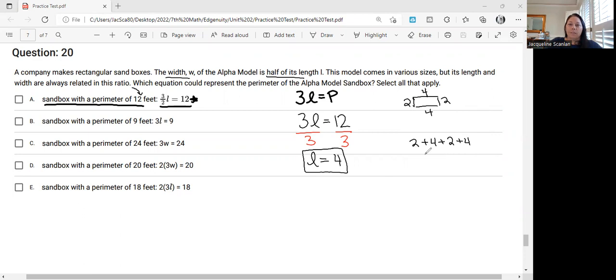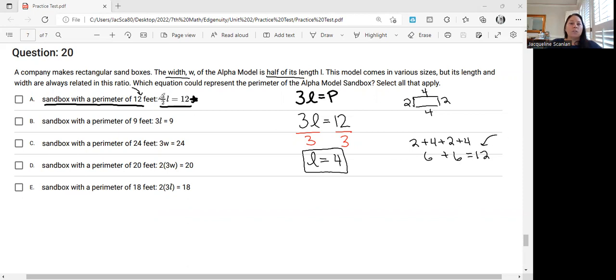And that would give me 6 plus 6, which is 12, which is the perimeter. So in our equation, 3L equals P, where 3L equals 12, which is our perimeter, we are able to tell that the length is 4, the width is 2, they are half of each other, and that we do get a perimeter of 12.